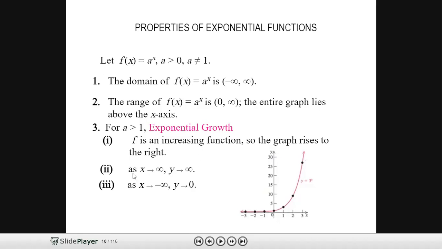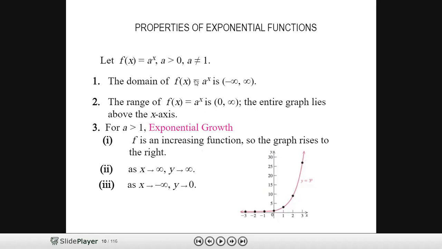And as x is increasing to infinity, y is also increasing. As x tends to minus infinity, if you are putting in negative values, y becomes 0. As you can see, at 0 it is coming down, and at -1 further coming down, -2, and at -3 almost touching the x-axis.